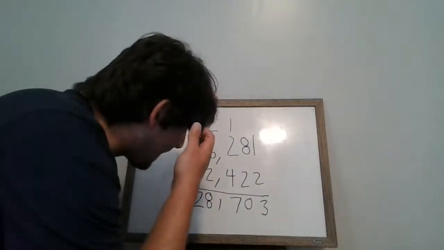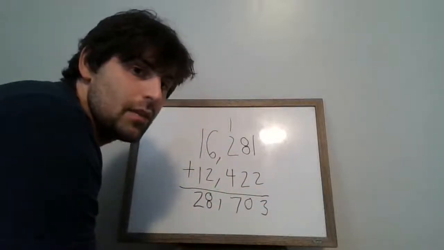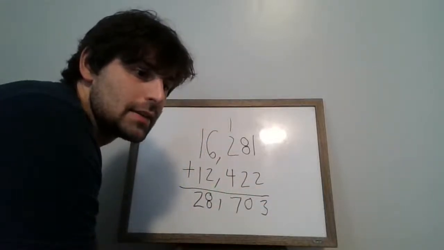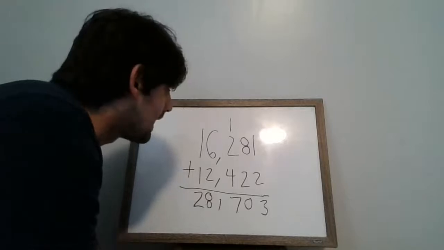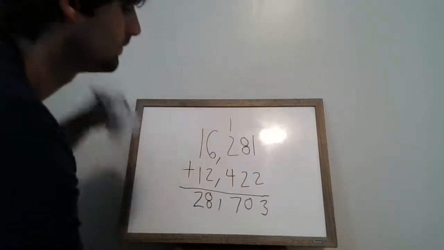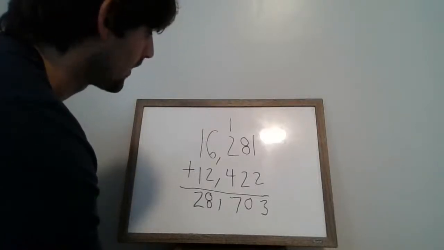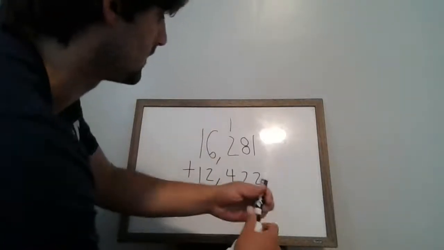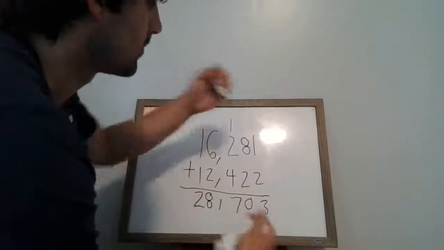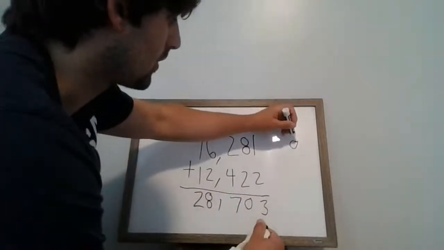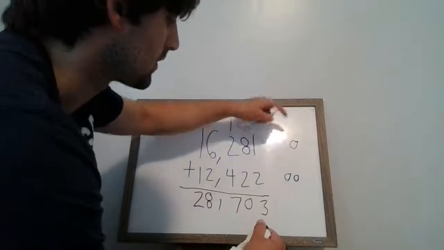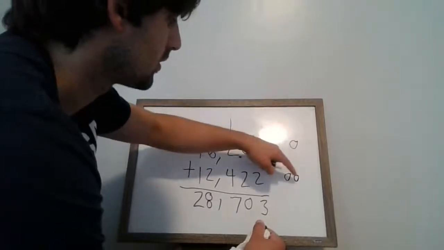Now, if you're not able to do the math in your head, what I would recommend is getting scrap paper and counting out the circles. So, for example, if you in your head don't know what 1 plus 2 is, on scrap paper you can draw 1 circle, draw 2 circles, and then count up the total number of circles.